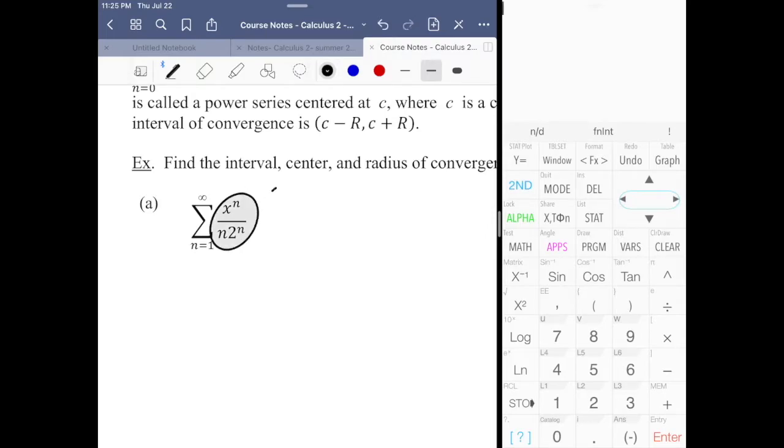We'll see. So if I call this a sub n, then a sub n plus 1 is going to be x to the n plus 1 over n plus 1 times 2 to the n plus 1.